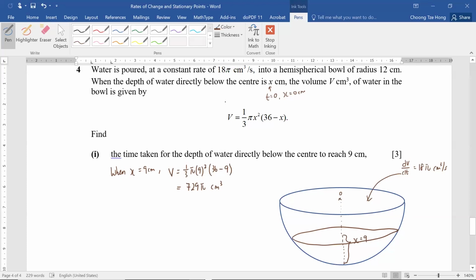And every second 18 pi goes inside. So how long will it take to have 729 pi cm cube of water inside? The time taken will be 729 pi cm cube divided by the rate at which water is being poured in. This will give us the answer of 40.5 seconds.